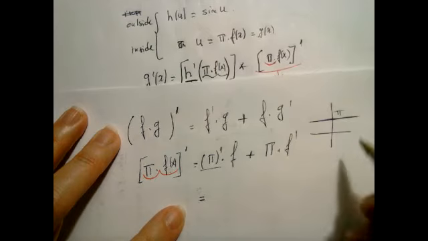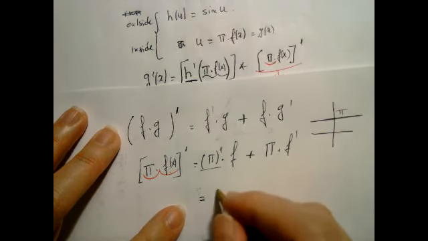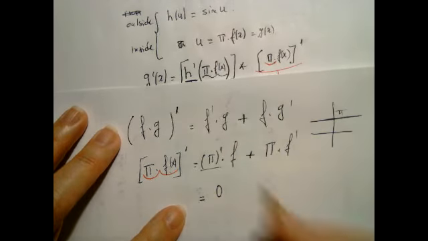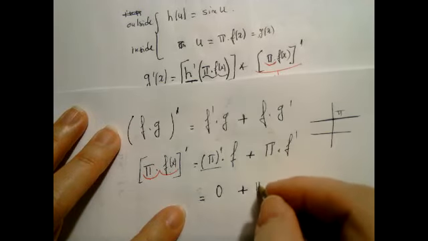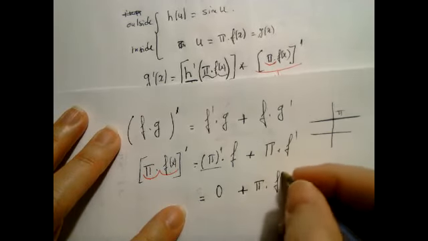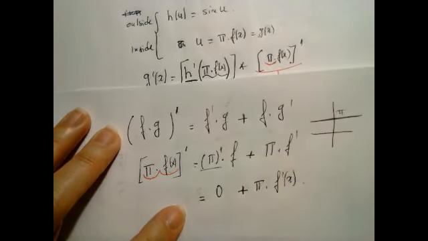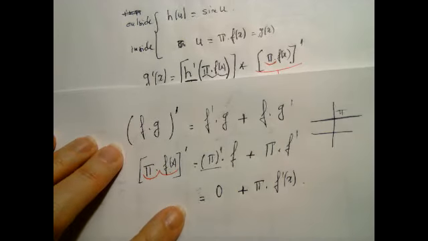It's crucial, that's how I'm thinking about it, okay? So that's a 0, plus pi times f prime of x. So even if you use the product rule, you will get pi times f prime.